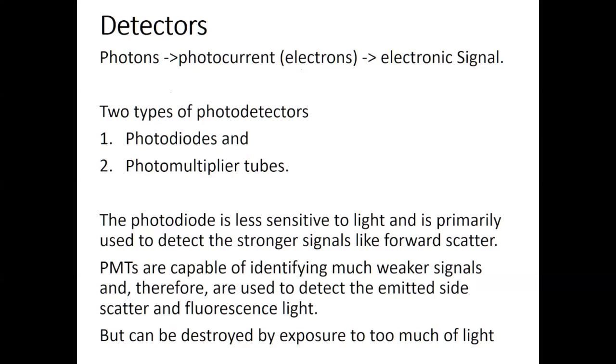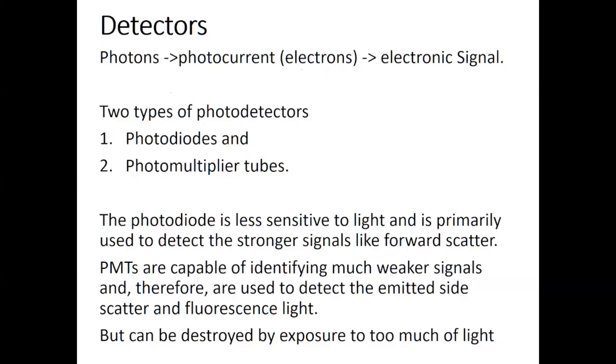See, let me put it this way. Among all these lights, the forward scatter light, the side scatter light, and the fluorescent light from the fluorochromes, which is relatively strong? Yes, Hari? Yes, forward scatter. Why?